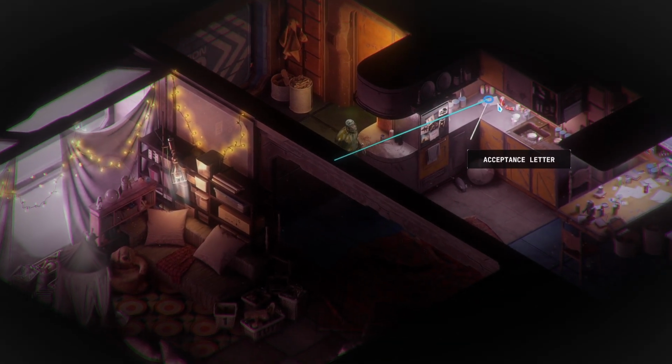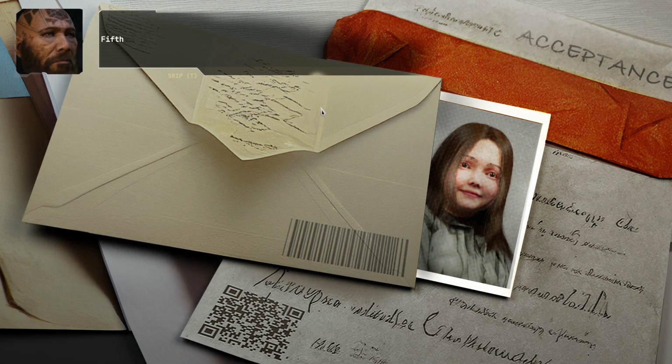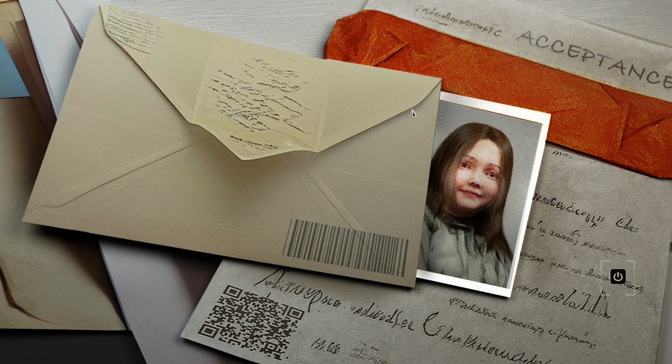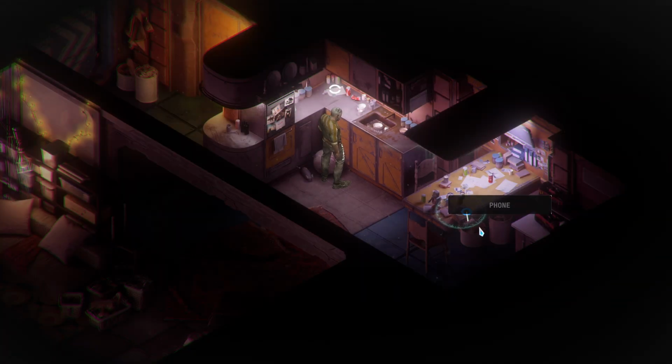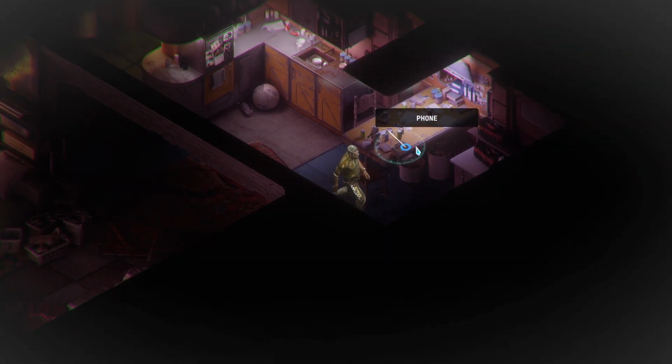Oh, we got a letter. 5th grade. So fast. All you have to do is blink. You need acceptance letters to 5th grade? It's a weird society.